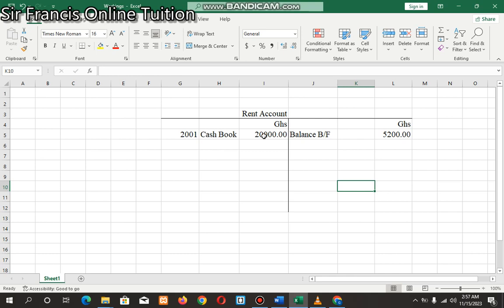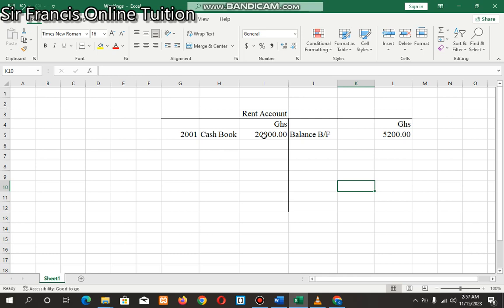So we cannot add the year 2000 expenses to the expenses for 2001. That's why we are taking the 5,200 from the 20,000 that we've paid. So the remaining amount, or the difference, will go to the profit and loss account for the year 2001.